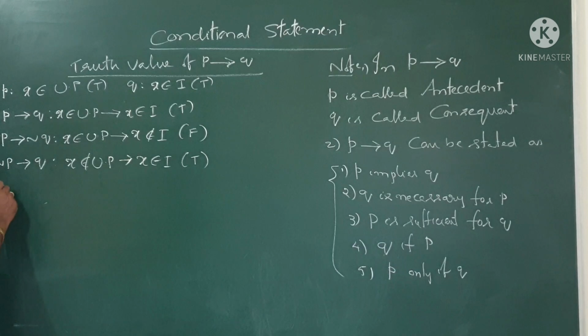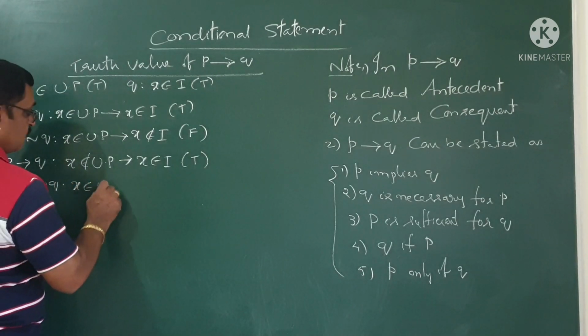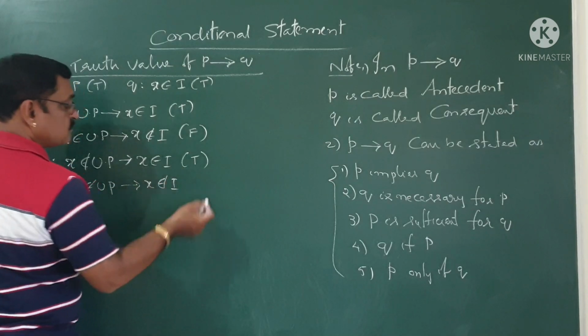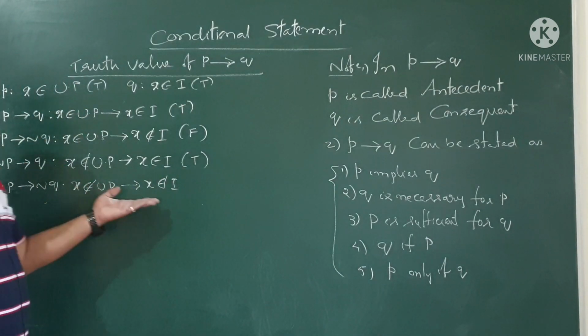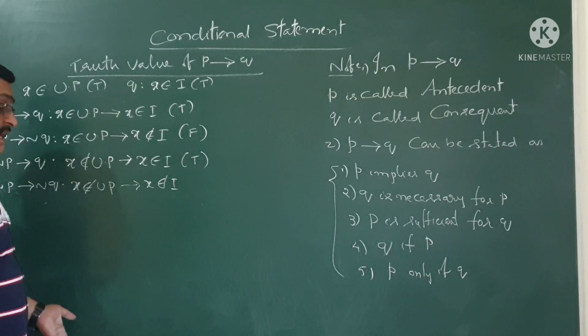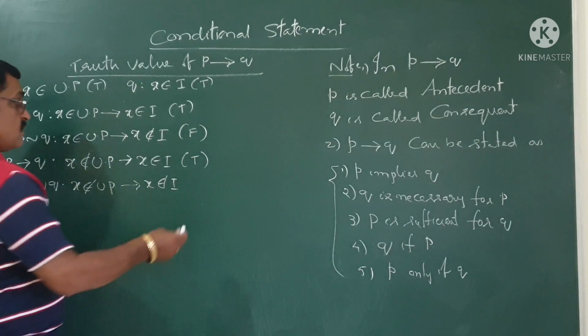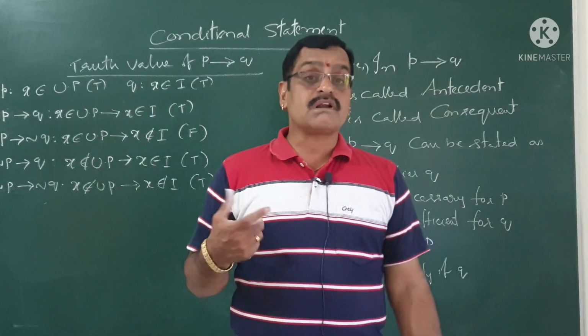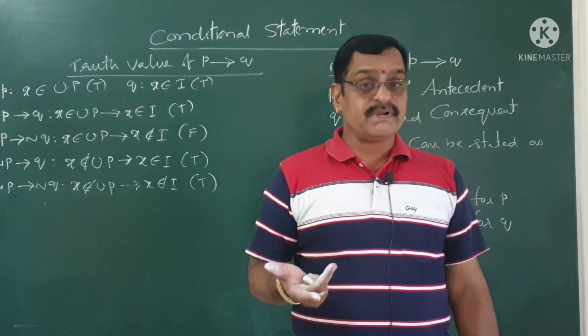Finally, I go for negation of P implies negation of Q. That means he is not staying in UP and he is not staying in India either. No problem. When both are false, the statement is automatically true. That means if both are false, even then the statement can be true.